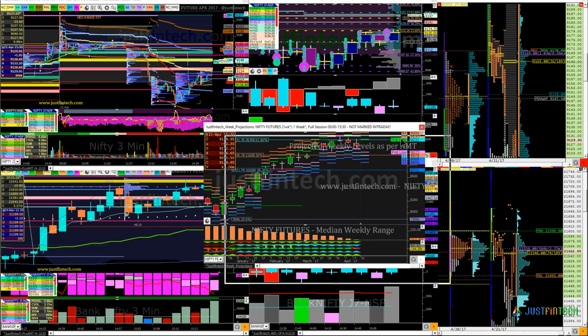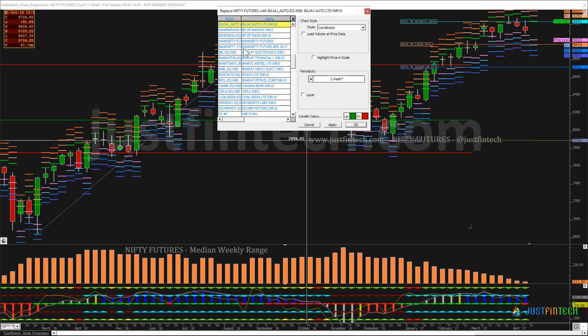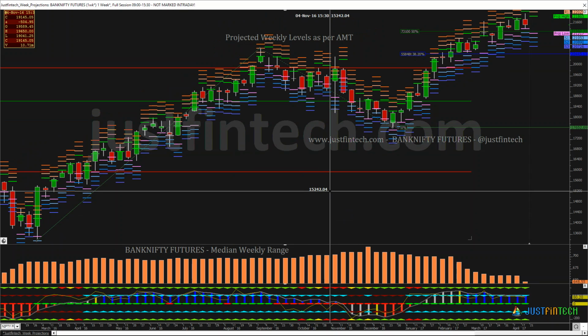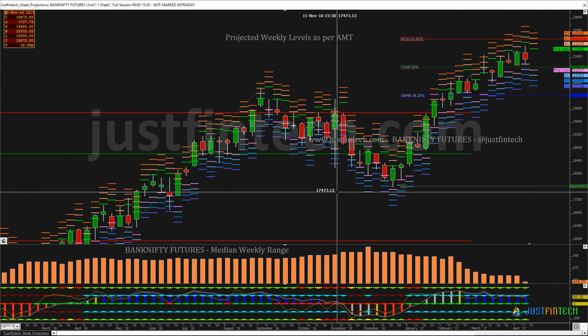Okay, while we are here, let's also have a look at Bank Nifty projected levels. So the projected high for Bank Nifty is 21,865 and the projected low is 21,217.